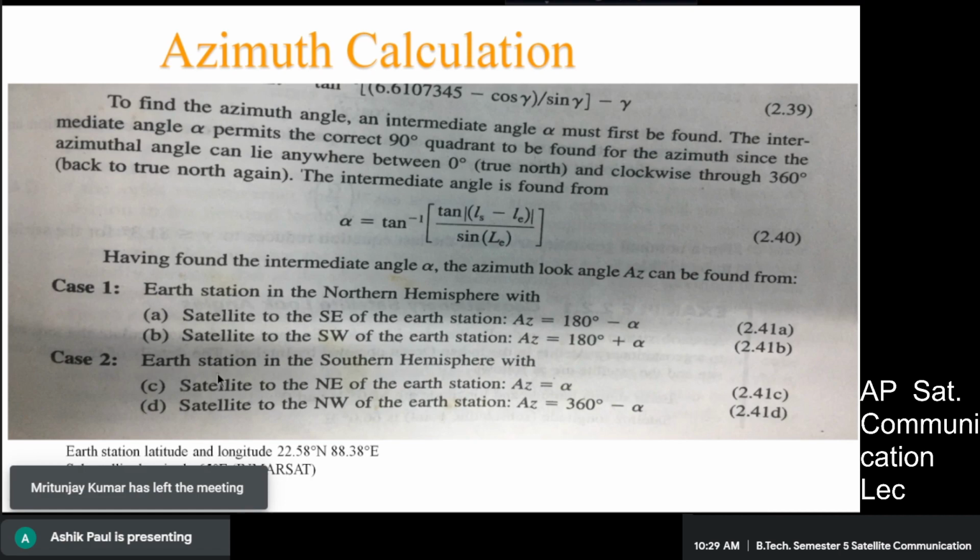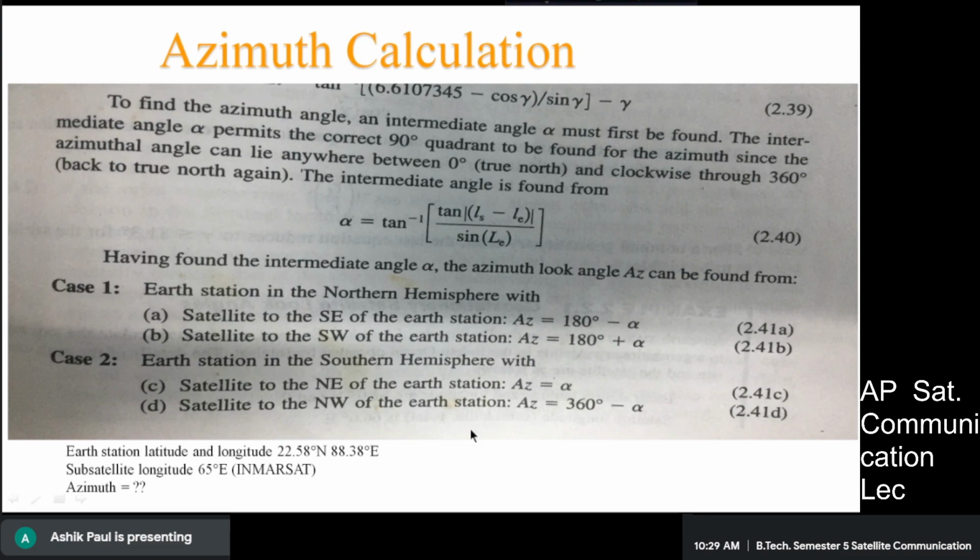When the Earth station is in the southern hemisphere and the satellite is northeast of the Earth station, then the azimuth will be simply alpha. And if it is northwest, then it will be 360 minus alpha.